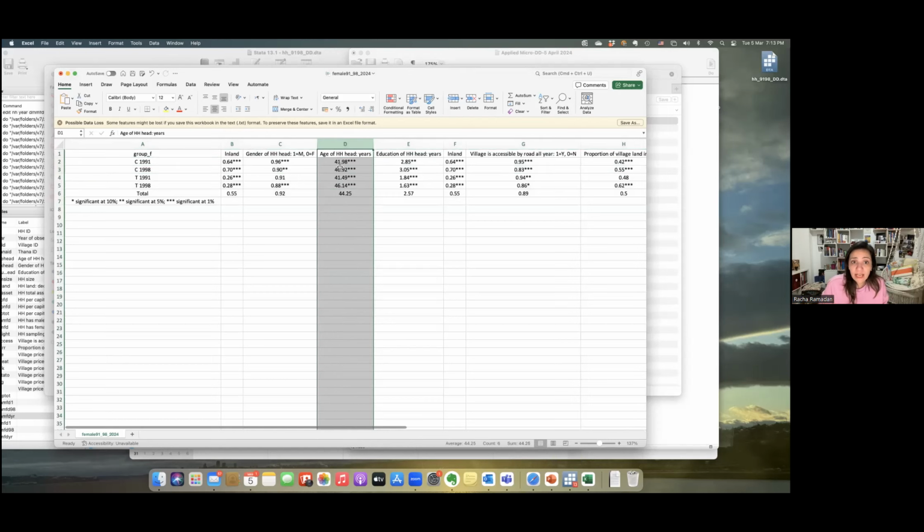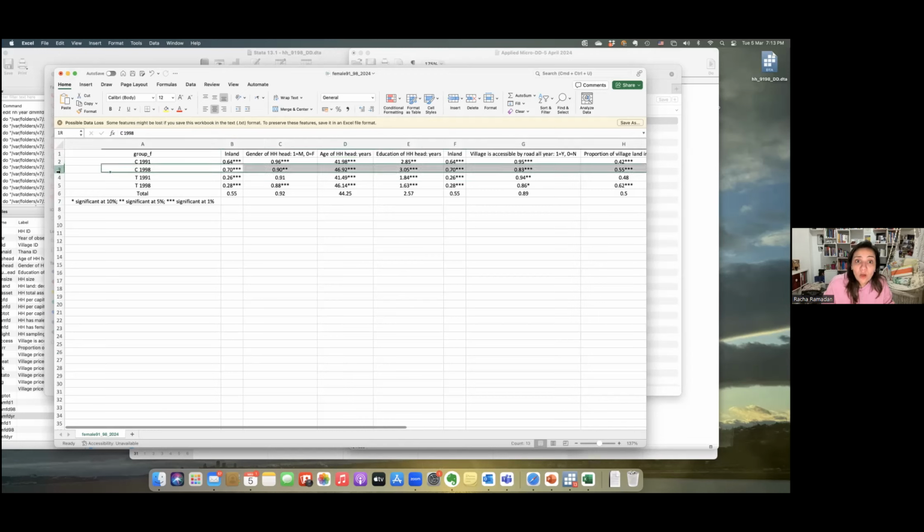The age of the head also increased, and this is expected for both the control and the treated, because over the years the age in 98 is higher than in 91 for both groups. Years of education for the control ones increased. This means that more of them studied and increased their years of education among the control, but among the treated, no. Again, this confirms that it's not random.